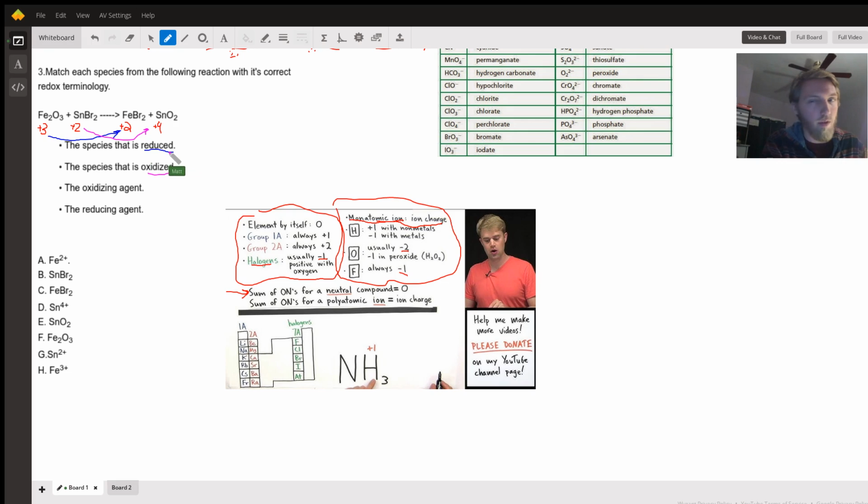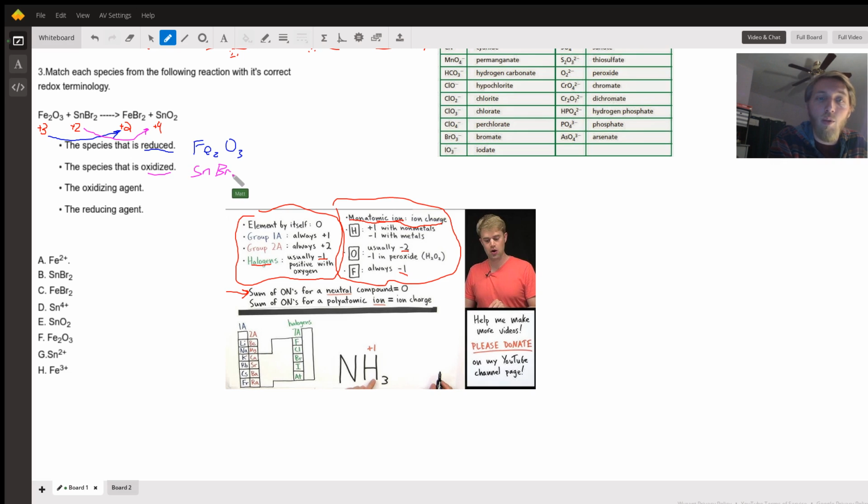So I think it's different depending on your teacher. But if I was saying which species was reduced, honestly, I would probably just say the iron ions. But I think what they're looking for here is Fe2O3 was reduced. And then it says what species was oxidized. It's the other one. It's tin(II) bromide.